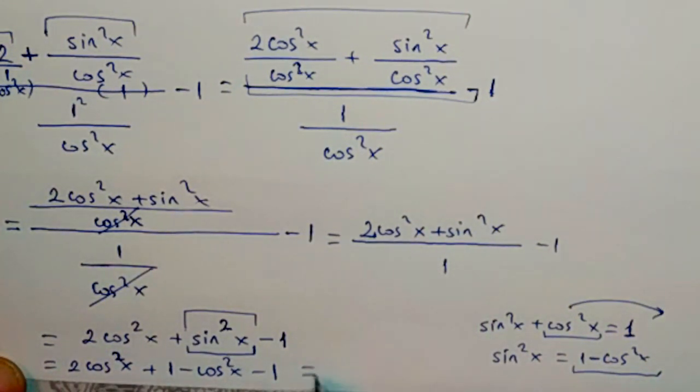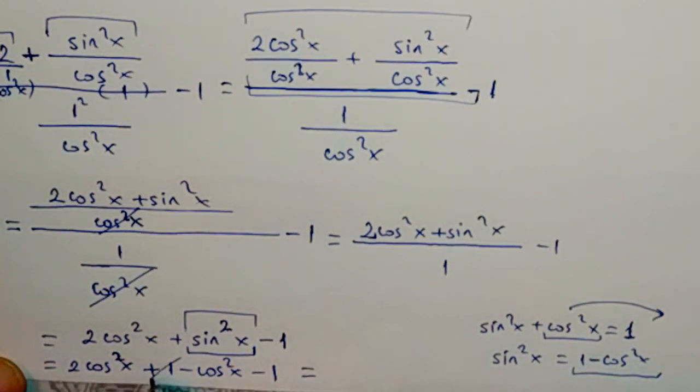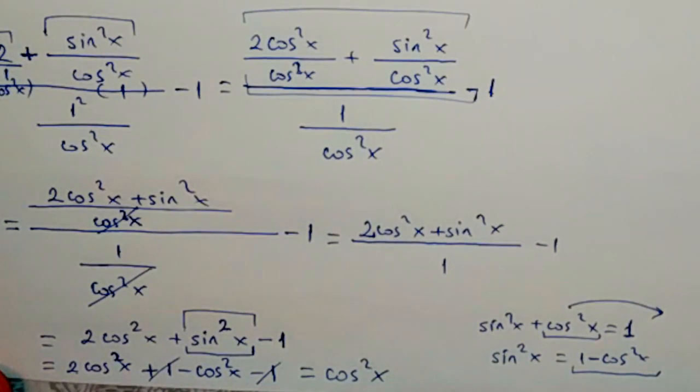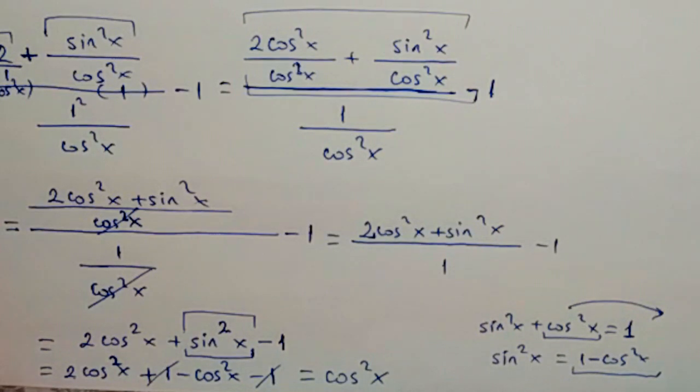And here plus and minus, we get 0, and 2 cosine square x minus cosine square x. In the end, we will get just cosine square x. So this trigonometric identity is verified too.